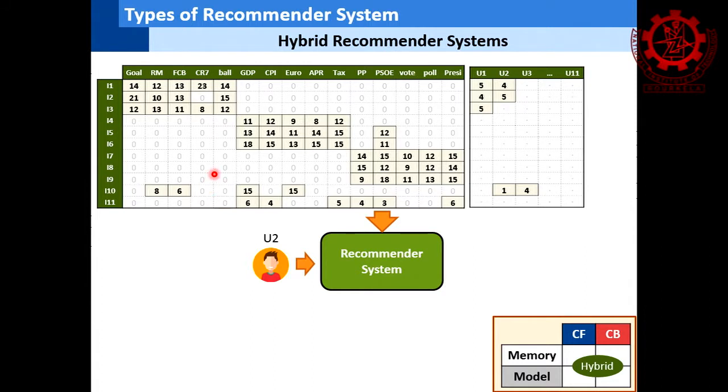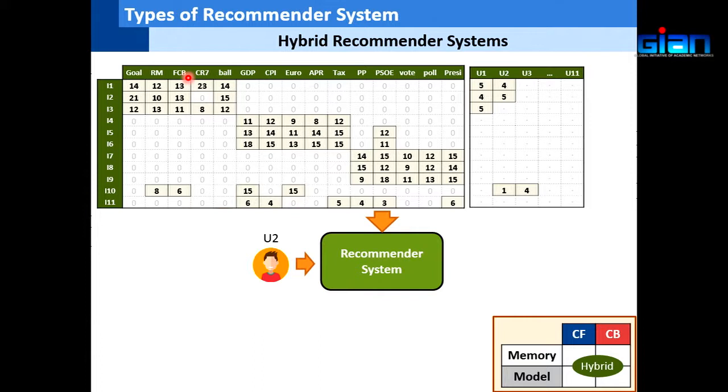This table is related to content or collaborative information? This table is content-based information, because here we have items and we have terms. Here, I don't know if you know football: Real Madrid, Football Club Barcelona.